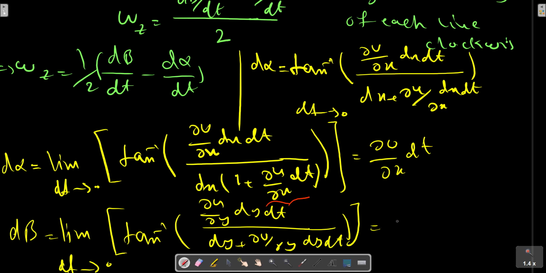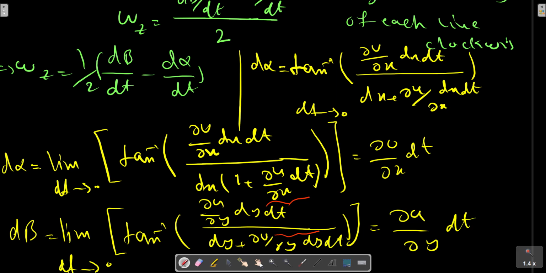As before, this part of the relation in this equation is smaller than dy, and the result is the partial of u with respect to y, dt.